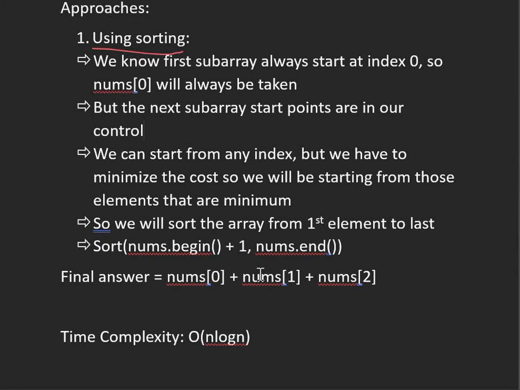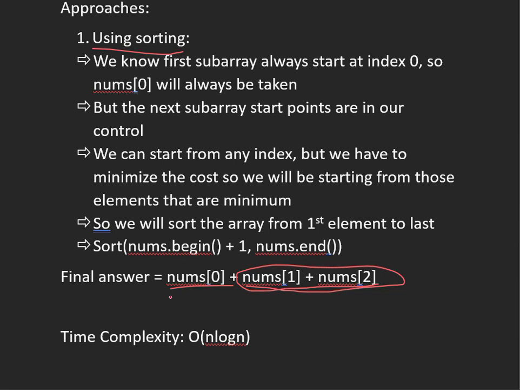So we can sort the array from the first element to the last element, because we can't sort the element at index 0. We sort the array from index 1 to the last index, and then our final answer will be nums[0] plus the two elements we get in the sorted array, that is nums[1] and nums[2].